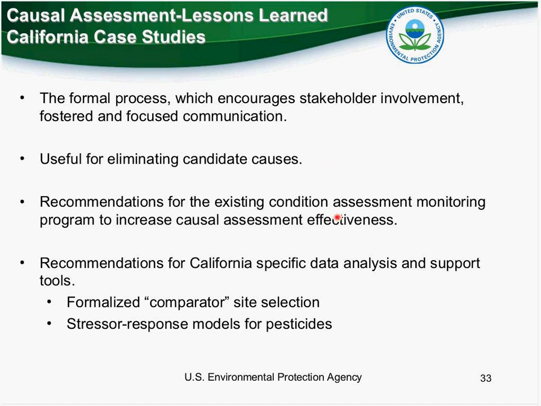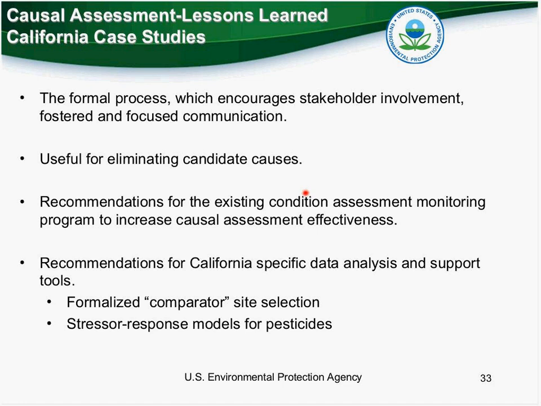What came out were recommendations for the existing condition assessment monitoring program to increase causal assessment effectiveness. Really, the types of monitoring programs that are in place now to assess environmental condition don't necessarily make for effective causal assessment monitoring data sets.